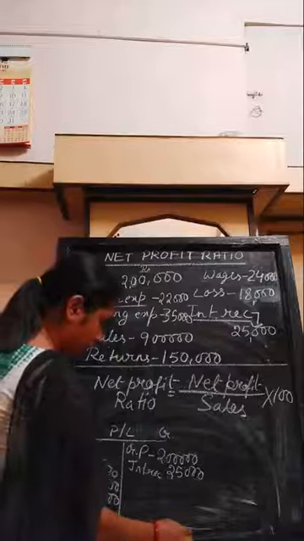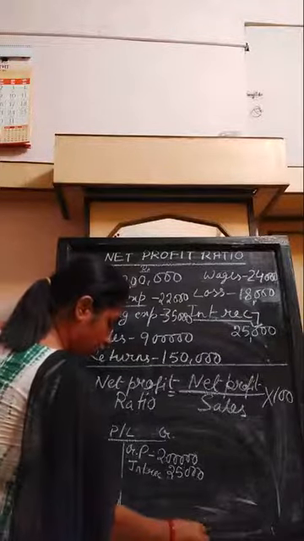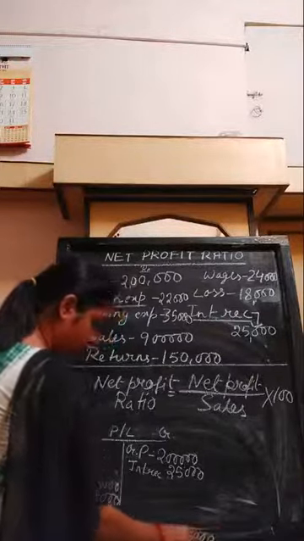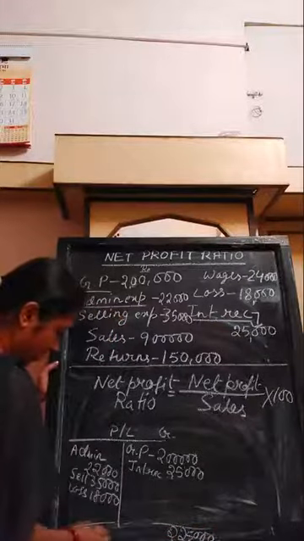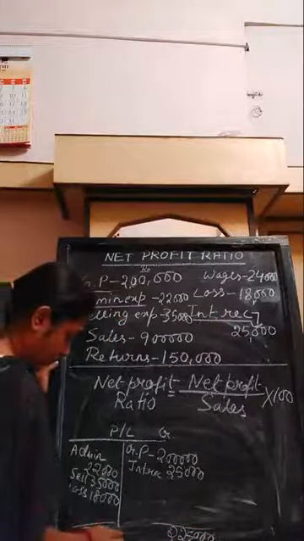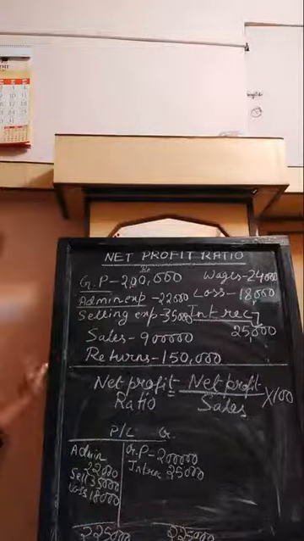The total is coming 2,25,000. 2,25,000 is coming as the total income.